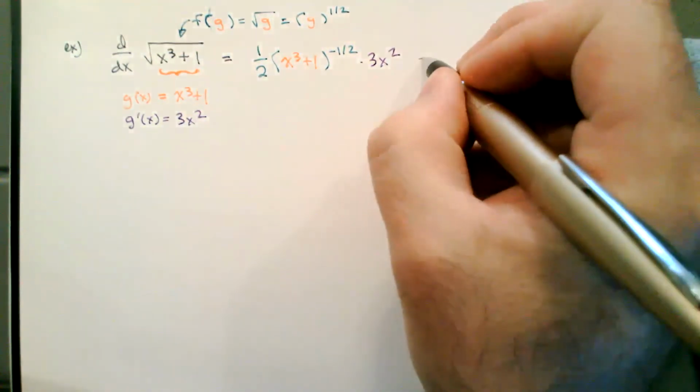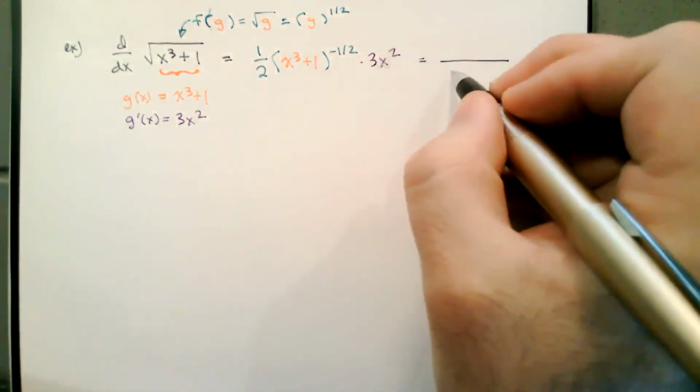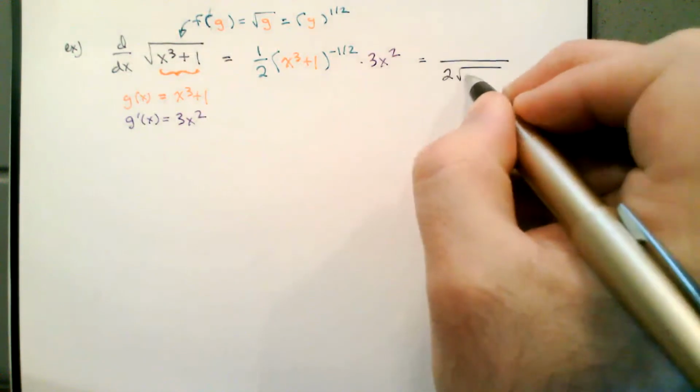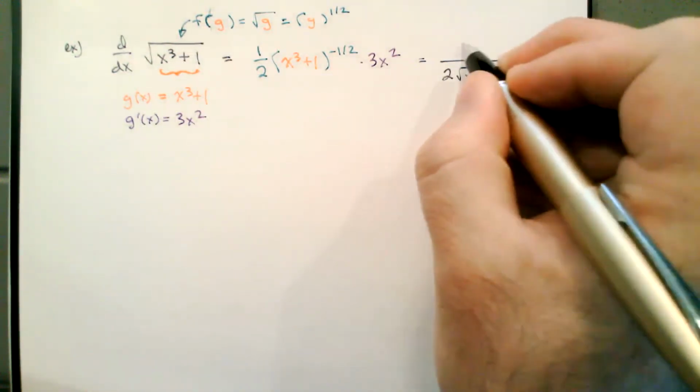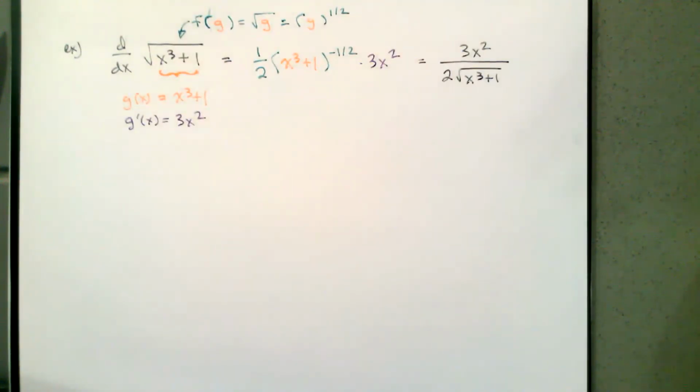We could clean this up. We could write this as, say, 3x squared over 2 times the square root of x cubed plus 1. Maybe pull the 3/2 as a coefficient. I don't know. At this point, we're in the style game.